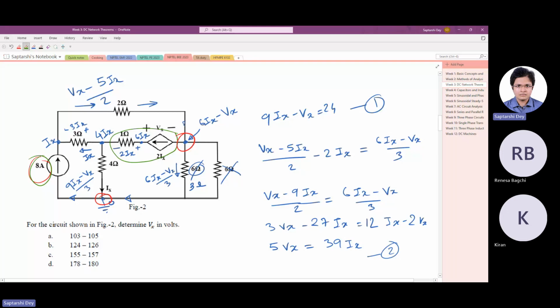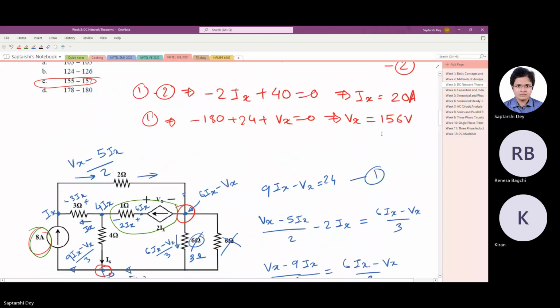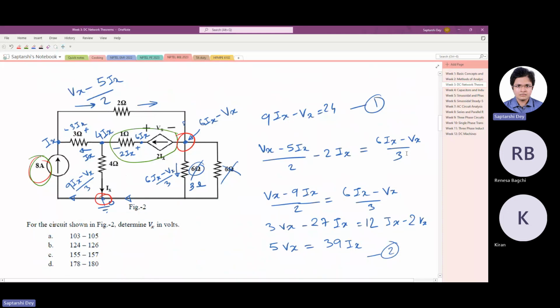We started from here, 0, 4ix drop. So this is at 4ix, and 2ix drop in this resistance. So this is 6ix minus vx, so (6ix minus vx) by 3 plus ix by 3, which gave us 9ix minus vx equals 24. This was correct. This matched from here. Okay, (9ix minus vx) by 3.